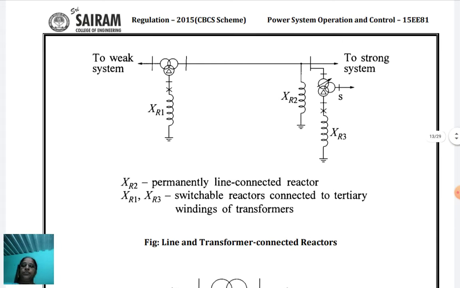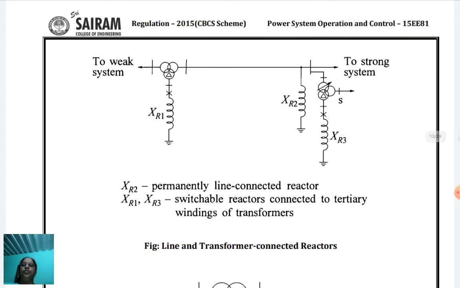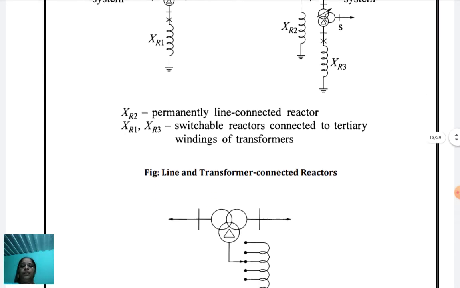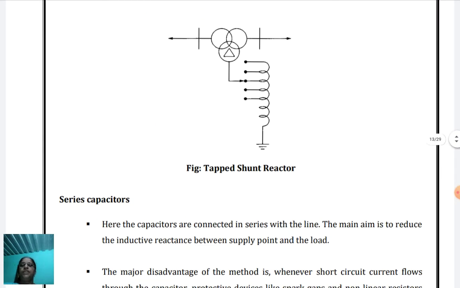Three circles are there, no: primary winding, secondary winding, and then the third one is the tertiary winding. This is the 3 winding transformer, that's why three circles are there. So therefore XR1 and XR3 are both connected to the tertiary winding, the third winding of the transformer only.